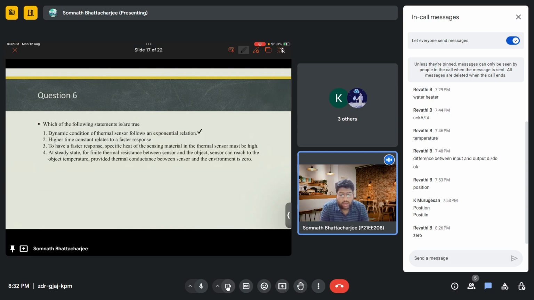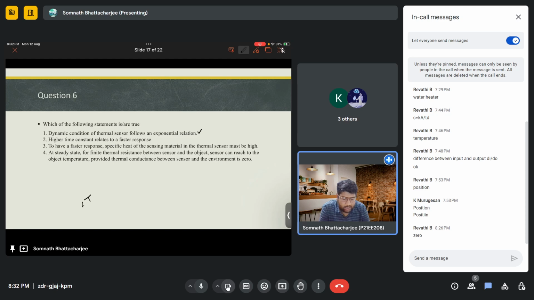The second one: higher time constant relates to a faster response. Is it true or not? If we have a higher time constant, should it give a faster response of the sensor or not? Let me write it again.